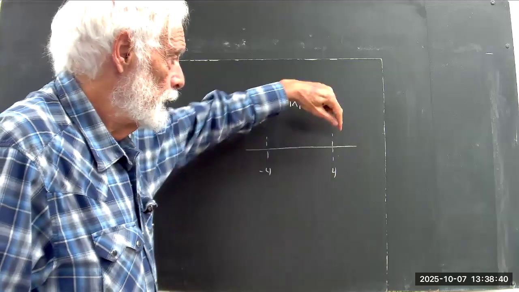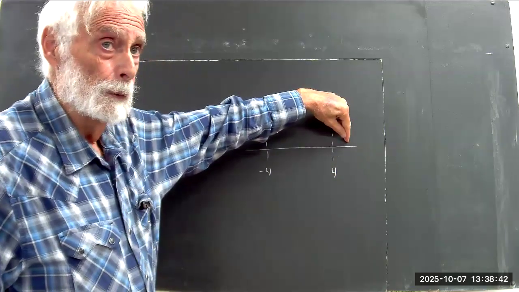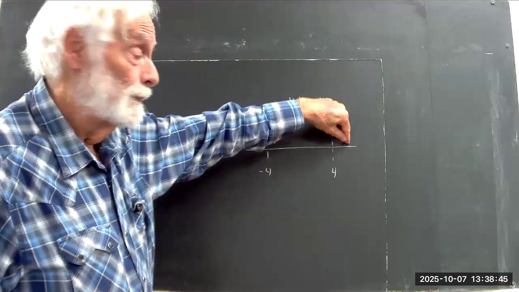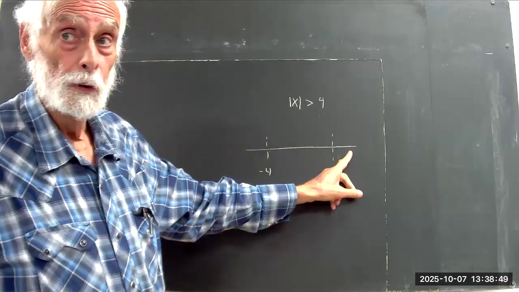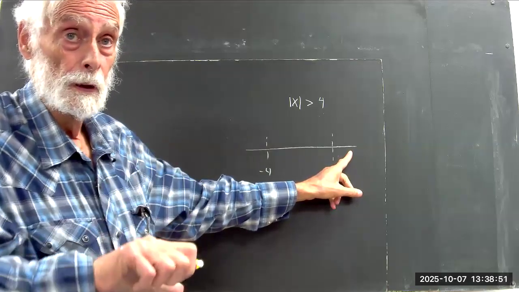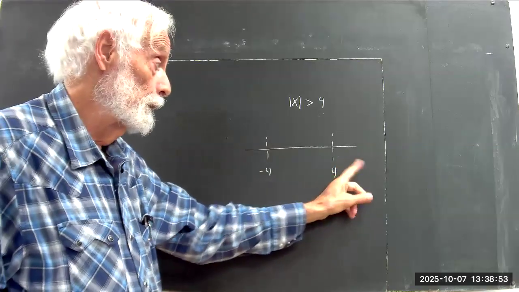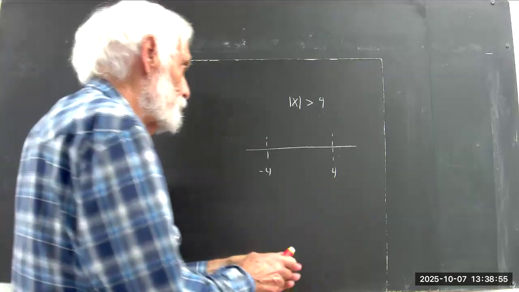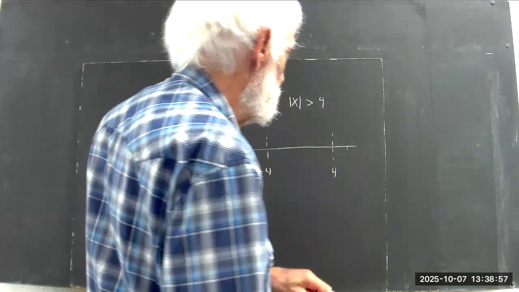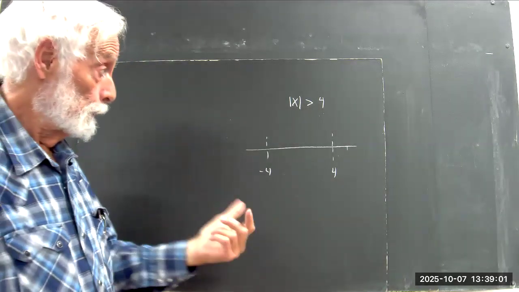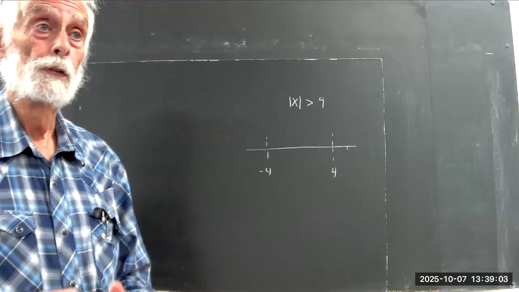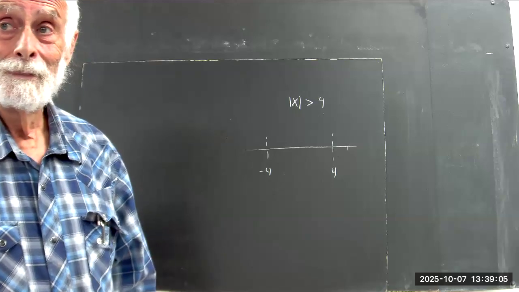Now, if x is here, see where I'm pointing? Is its absolute value greater than 4 or less than 4? This point right here. Here's 4. That point. We just made that mark. Is the absolute value of that number greater than 4 or less than 4? Vote.